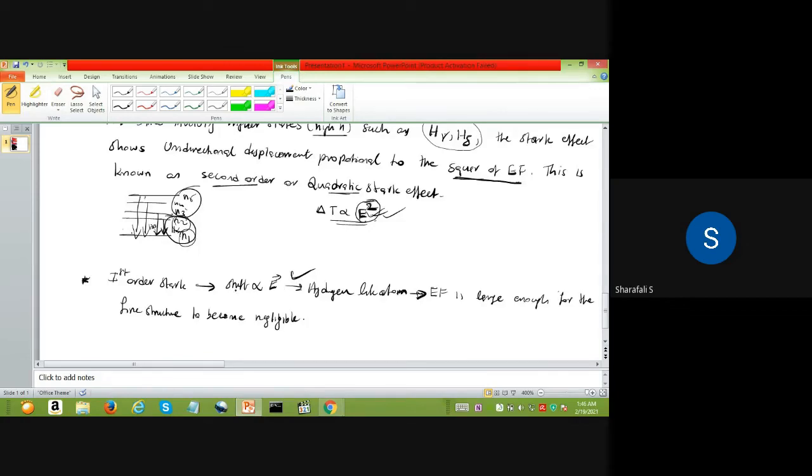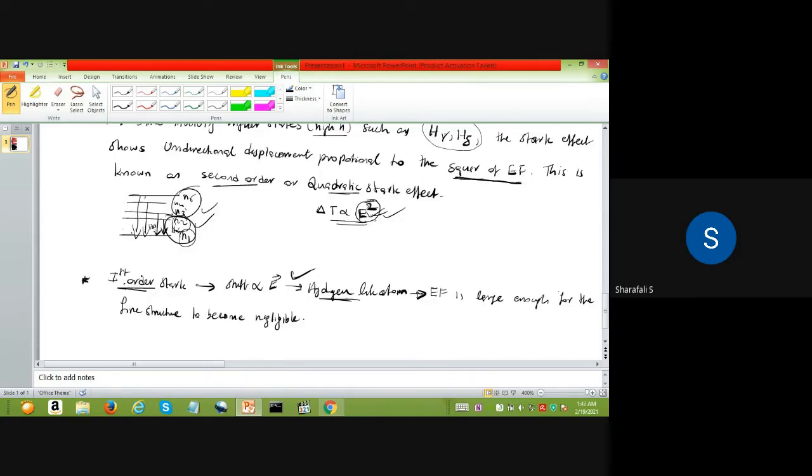So the first order Stark effect you can observe in hydrogen-like atoms with a very small size, where the order of these quantum numbers is very small. In such atoms, you can observe this first order Stark effect.